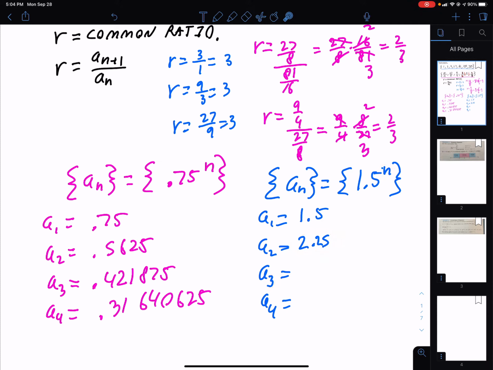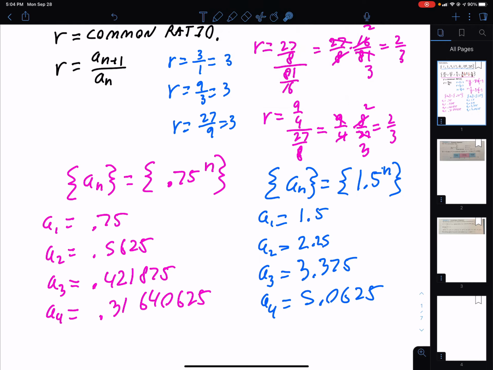So we'll do that, and we get 3.375. And again, to get the next term, we already have 3 there. We're going to multiply by 1.5 again to get the next one. And so the last one will be 5.0625.